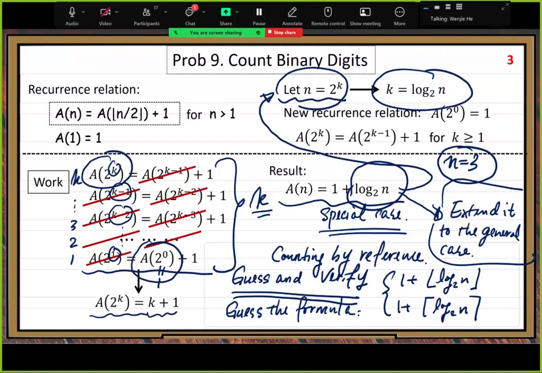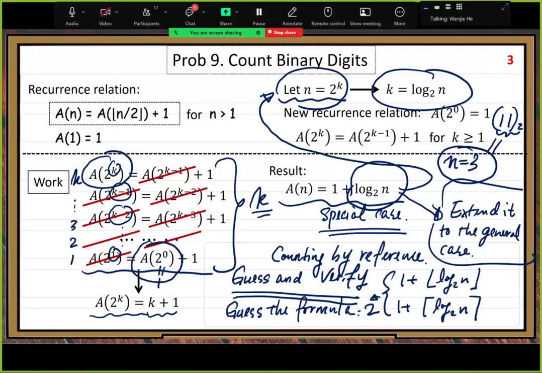That's easy, because when n equals 3, the binary representation is 1 1, base 2. 1 1 in base 2 equals decimal 3. There are 2 bits, so the correct number should be 2. Let's plug in.